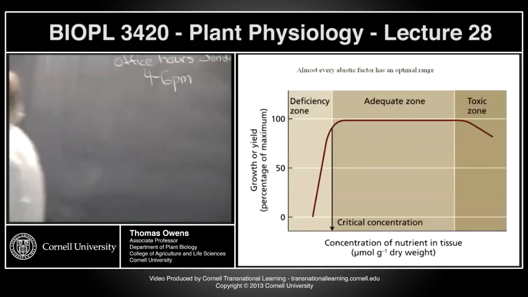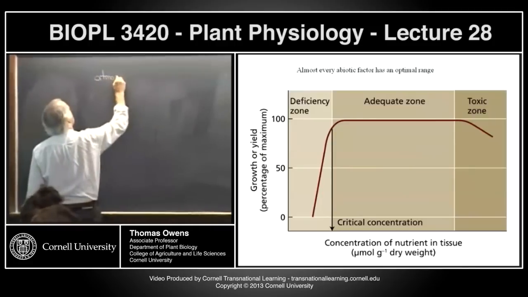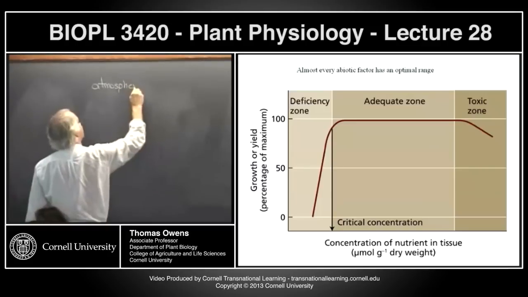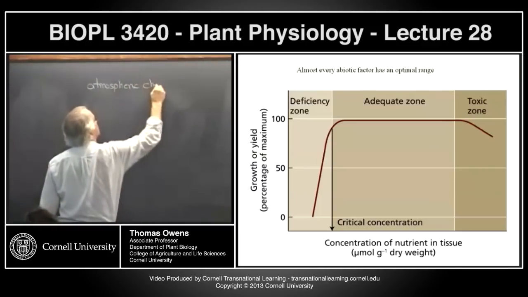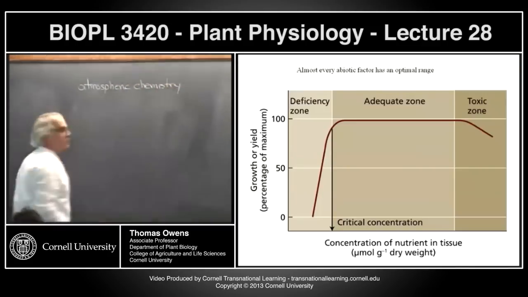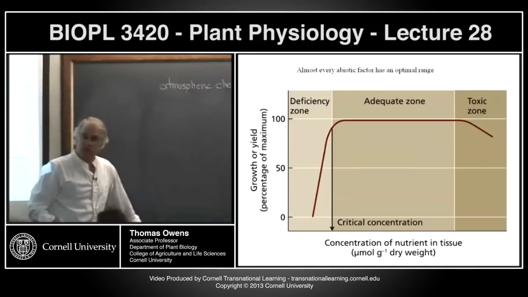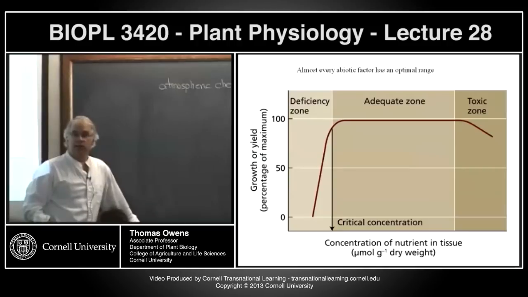So we'll start off with, let's say, atmospheric chemistry. What changes in atmospheric chemistry could impose limitations on how plants grow?